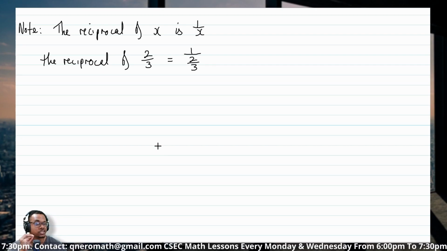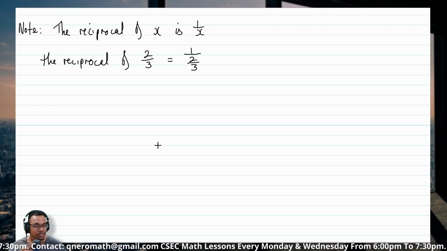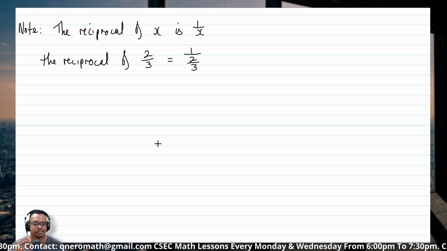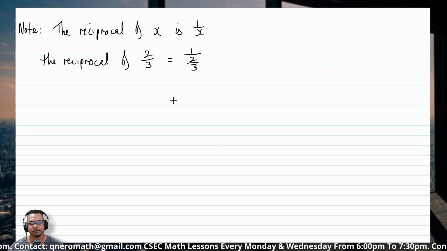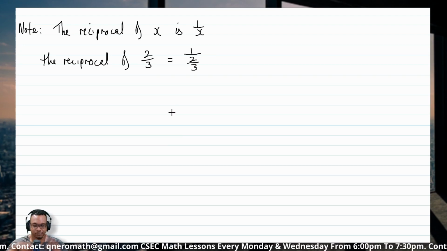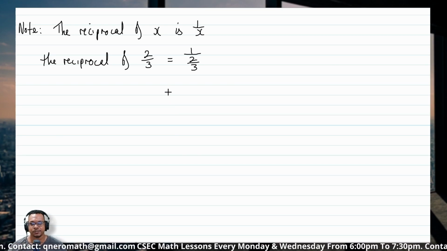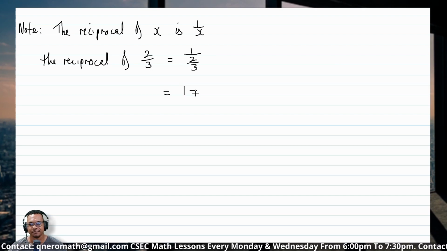Now I'm going to show you, I explain it in a long way. Once you understand what's going on, you don't have to go through the long way. The fraction is going to flip. So once you find the reciprocal of a fraction, it's just flipping the fraction. That'll just be like 1 divided by 2/3.